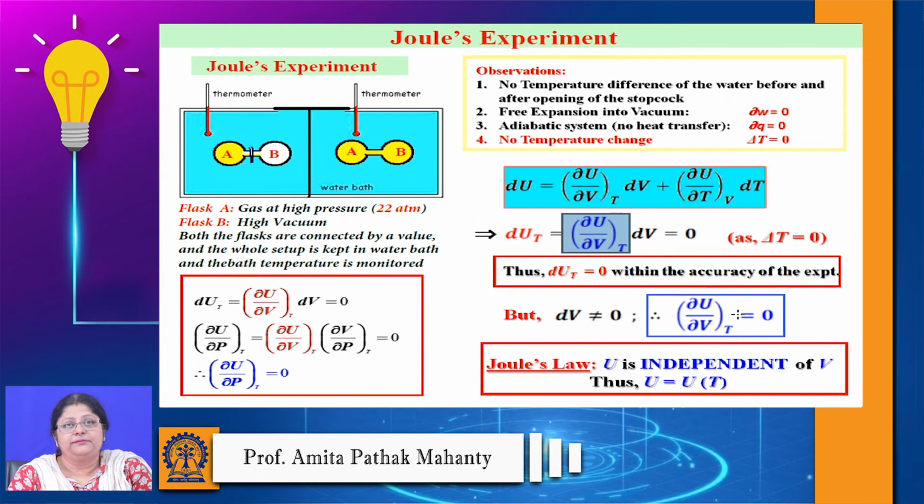But the problem is Joule found this, but this is not true. What was happening is the specific heat capacity of water is very large and the gas is very small. So whatever temperature change the gas was undergoing could not be sensed by water, and he did not have a more precise thermometer to see the change in temperature.